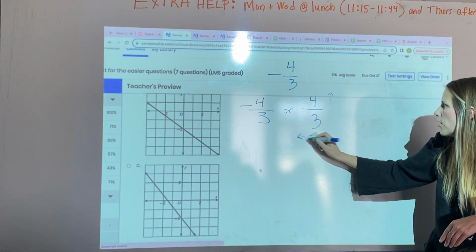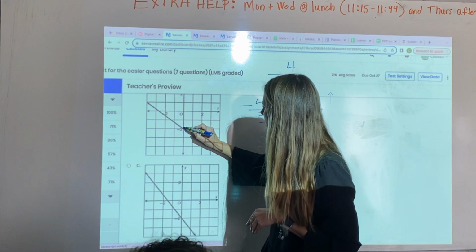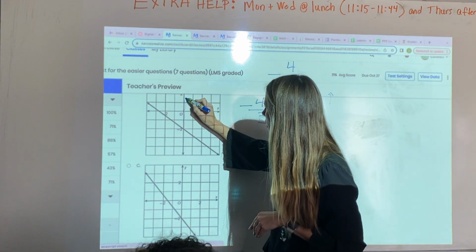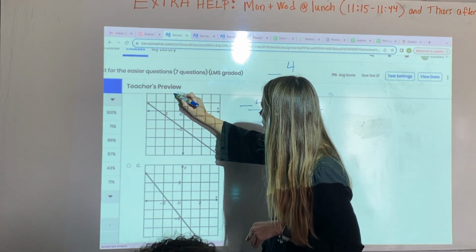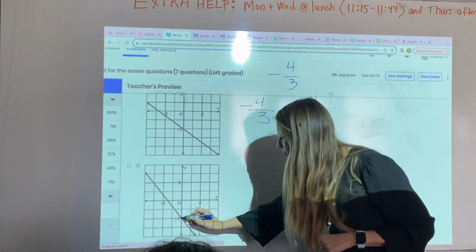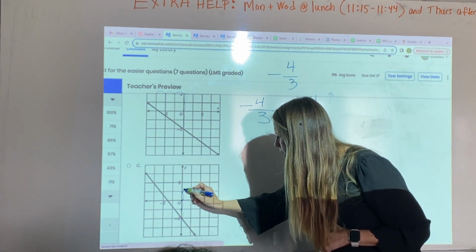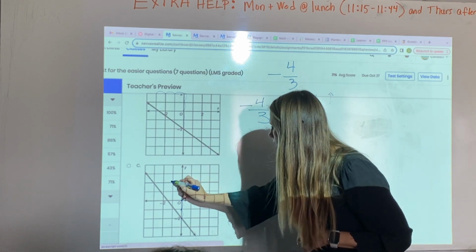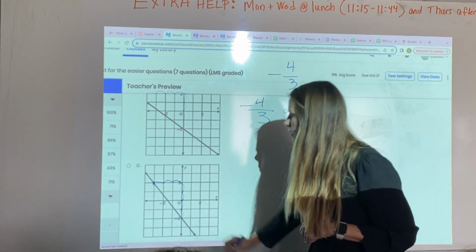Left. Very good. So if we go up 4 on this, 1, 2, 3, 4, and to the left 3, 1, 2, 3, does that match up? No. Nope, let's try this one. Up 4, 1, 2, 3, 4, and to the left 3, 1, 2, 3, does it match up?